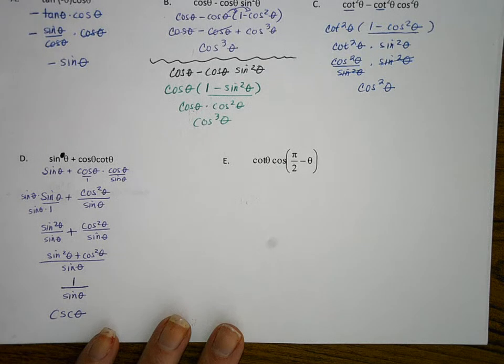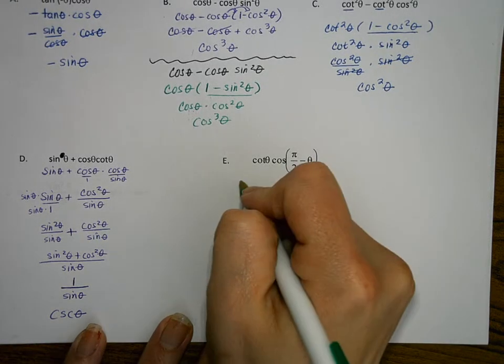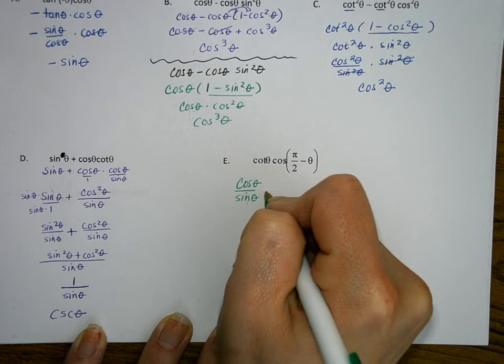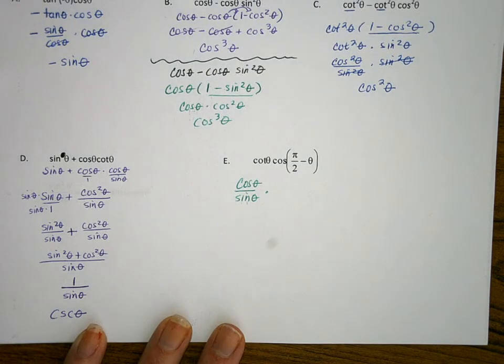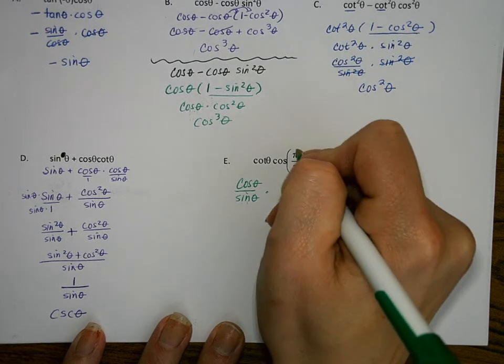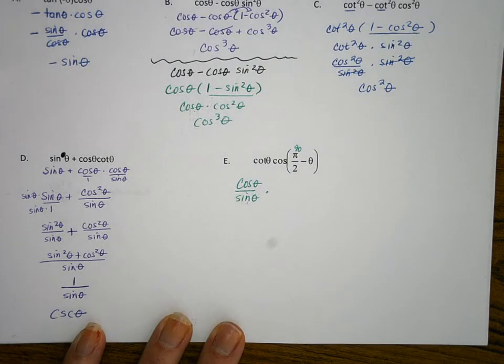He is equal to cosine over sine. I can agree with that. So cosine of theta over sine of theta times, what are you thinking about with this cosine of pi over 2 minus theta? That looks a little bit funky. It's a cofunction. Pi over 2 is the same as what? 90. So what is the cosine of 90 minus an angle? The sine of the angle.